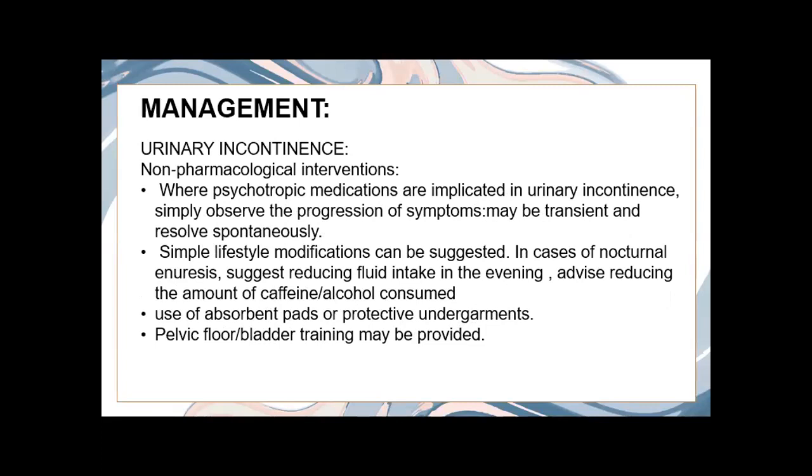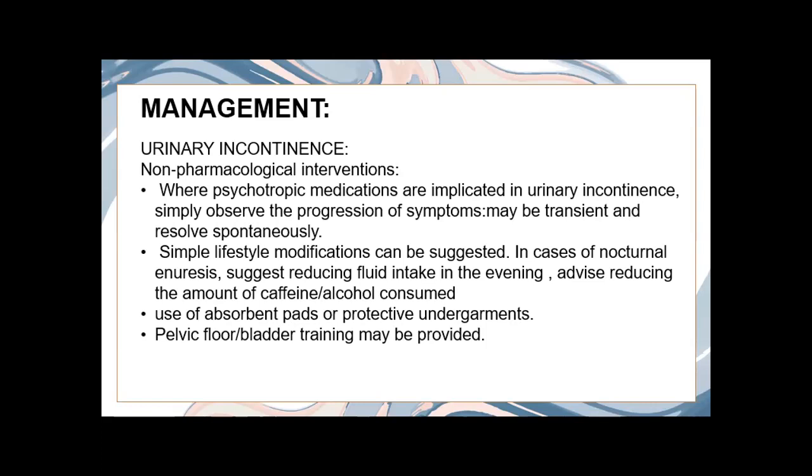So, management of urinary incontinence. There are two types of management here. Non-pharmacological interventions and pharmacological interventions can be used. Coming to non-pharmacological interventions, where psychotropic medications are implicated in urinary incontinence, we have to simply observe the progression of symptoms. It may be transient and resolve spontaneously with time.